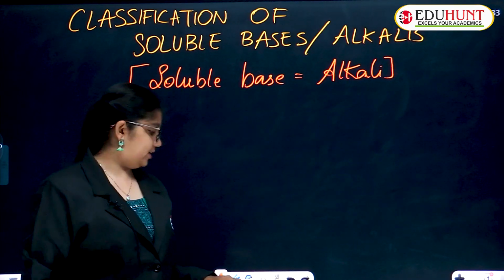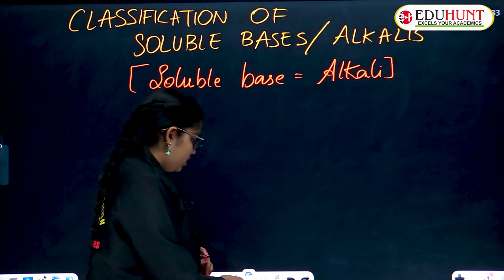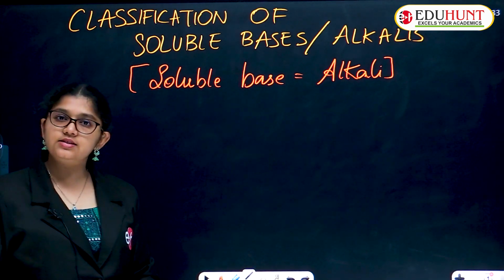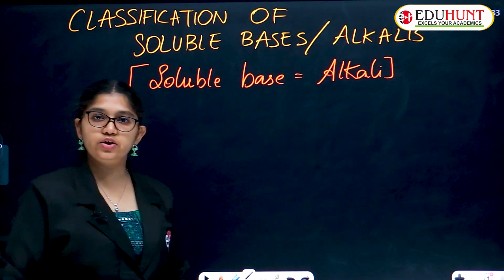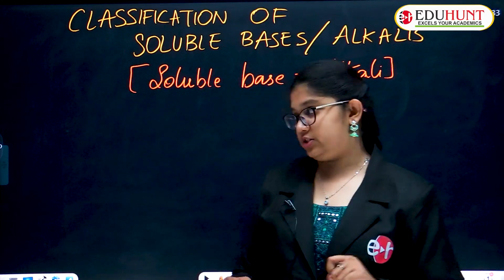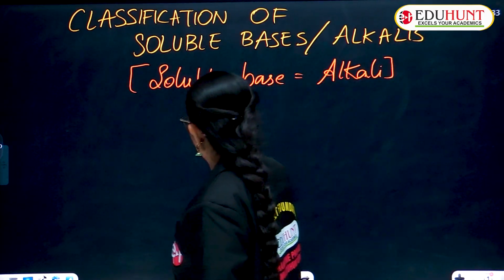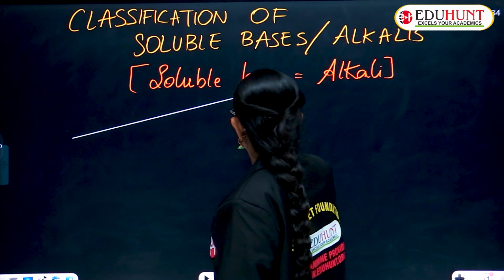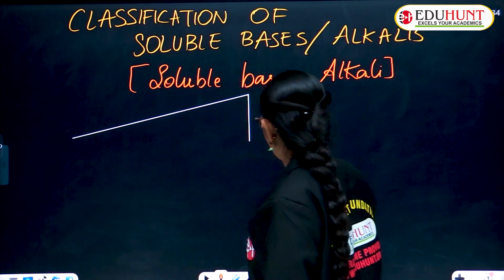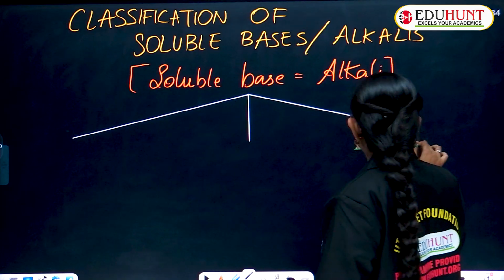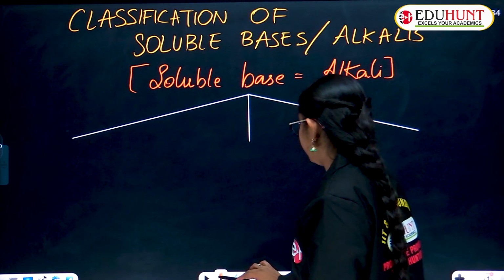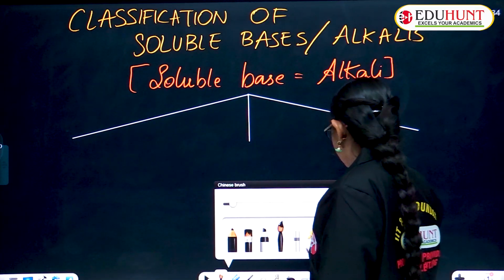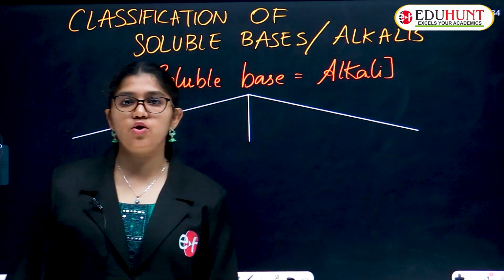Clear now? Coming back to the classification: into how many broad categories are the bases classified, children? I told you, there are 3 broad categories. The first one is on the basis of strength.